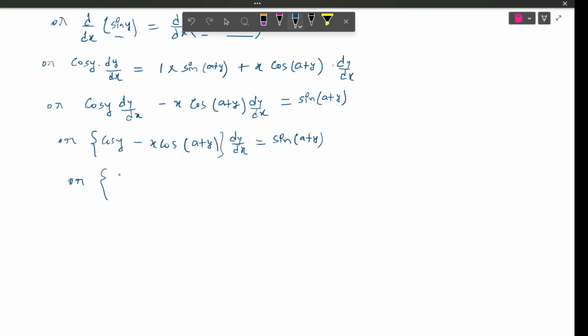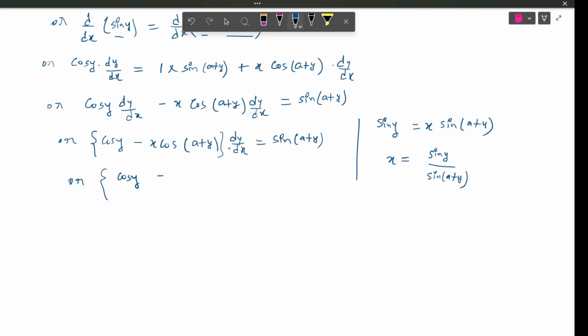or this should be cos of y minus, see, we have sin of y equals to x sin of a plus y. This relation has been given. Now what is x? X is sin of y by sin of a plus y.